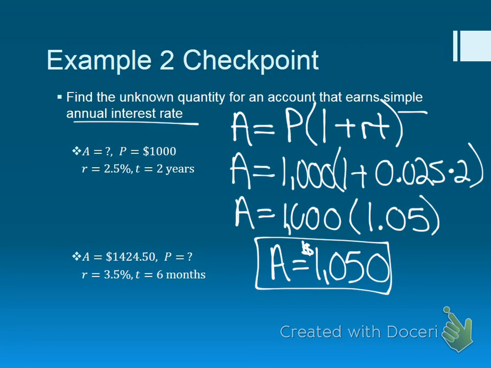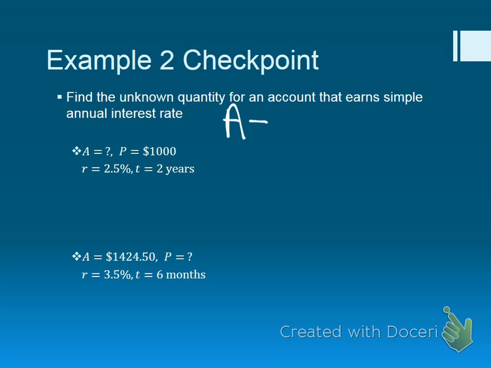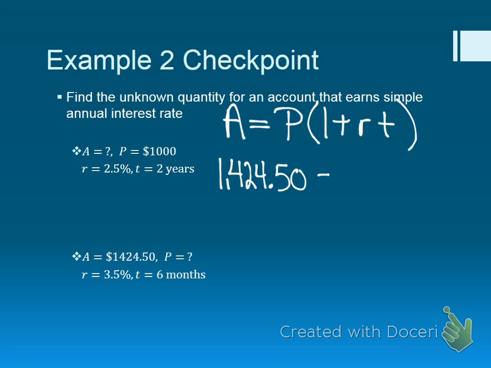Okay, so I'm just going to start. I'll be a little bit behind you guys. A equals P times 1 plus RT. What's my A value? 1424.50 equals, I don't know P, times 1 plus 0.035. Wait, it gives me 6 months. What do I plug in for 6 months? 1/2, 0.5.